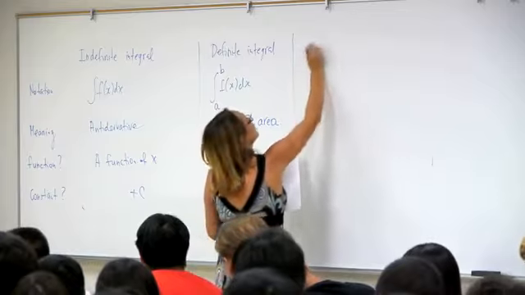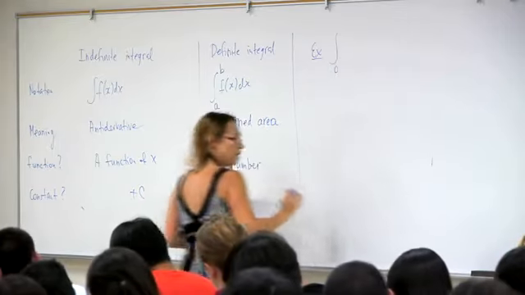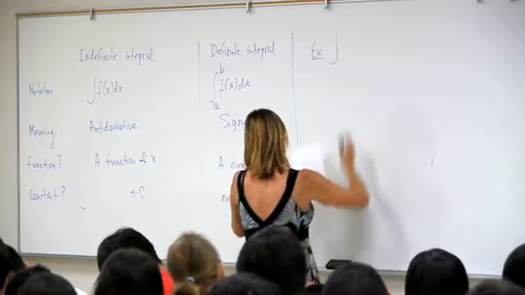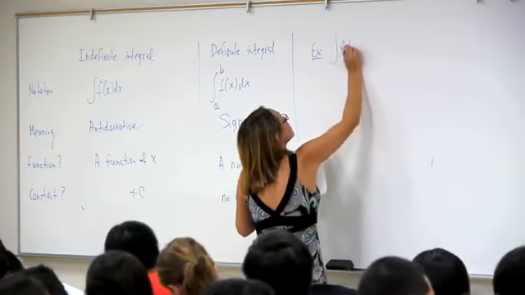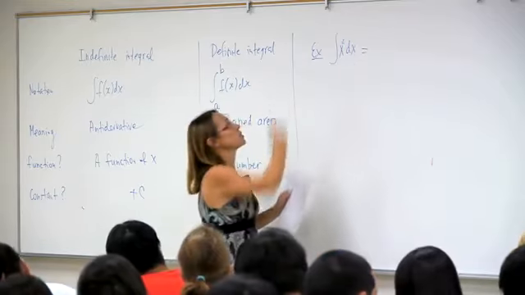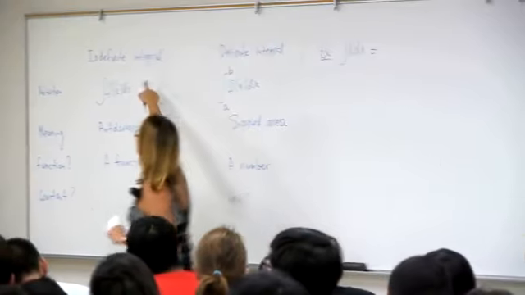What's my first example? Okay. Sorry. So, when we are asked to evaluate this, what is this? As you can see, there is no limit. So this is an indefinite integral.